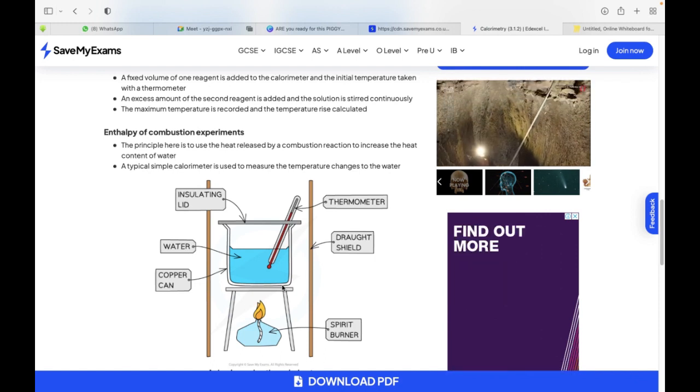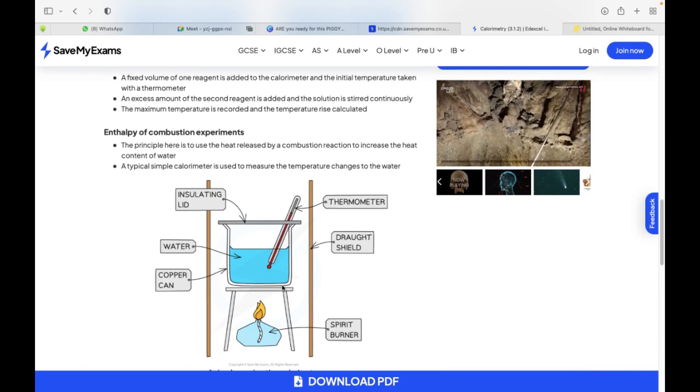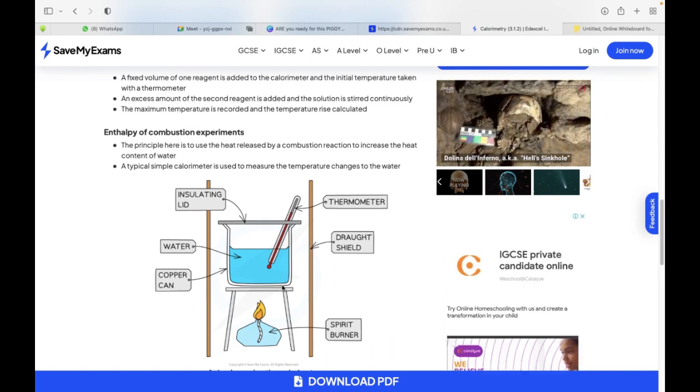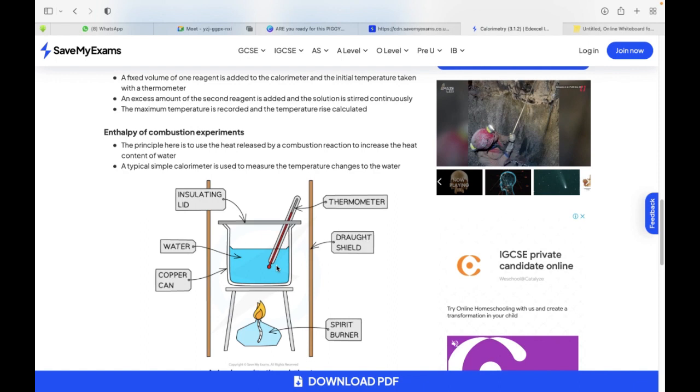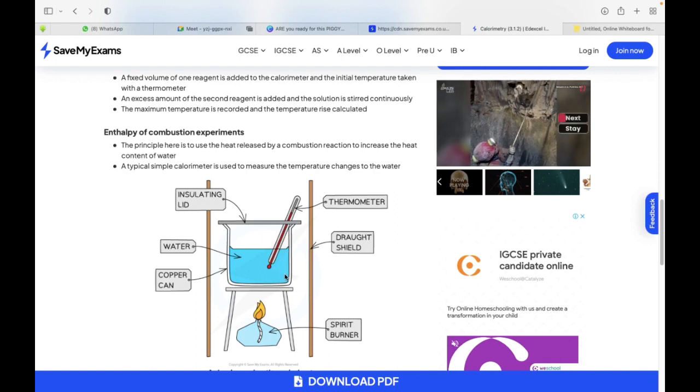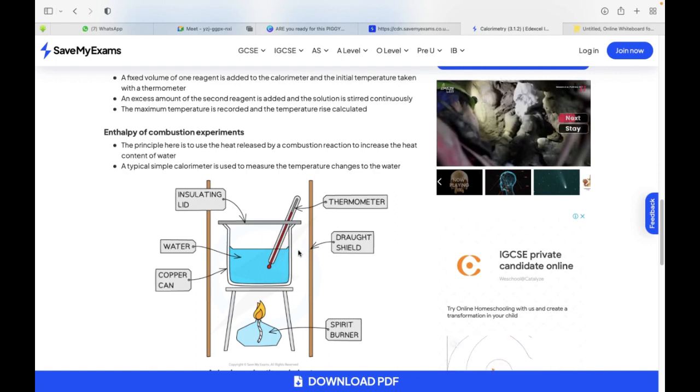The first one is for solution: whenever you have a solution, how do you measure the amount of heat generated when the reaction takes place? Now this second one, enthalpy of combustion, is what happens when a combustion reaction happens.